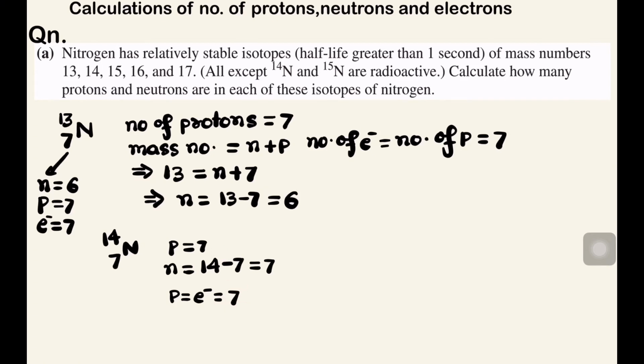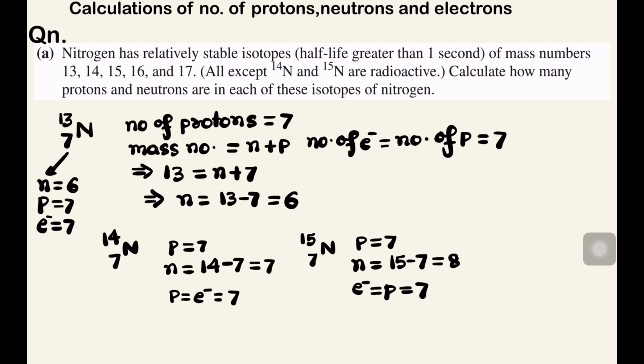Now let's see the next isotope, that is nitrogen-15. In this case, again protons is 7, that will be the same because the element is the same. Next we have the number of neutrons, neutrons is mass number minus protons, that is equal to 8, and the number of electrons and protons will be equal because this is a neutral atom, so it will be 7.